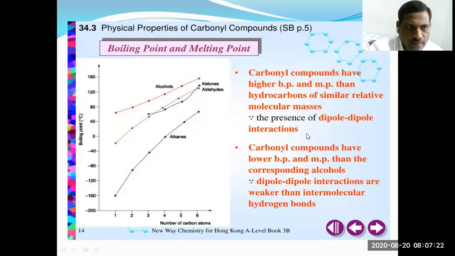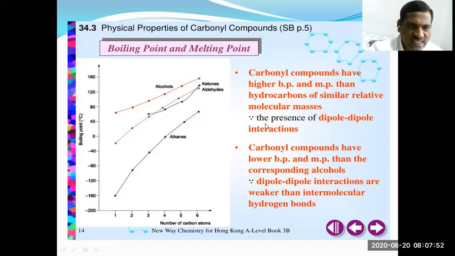So we can compare the boiling points and melting points with alcohols. Carbonyl compounds have lower boiling points and melting points than the corresponding alcohols. The reason is that dipole-dipole interactions are weaker than intermolecular hydrogen bonds. Whereas compared with hydrocarbons, carbonyl compounds have higher boiling points and melting points.